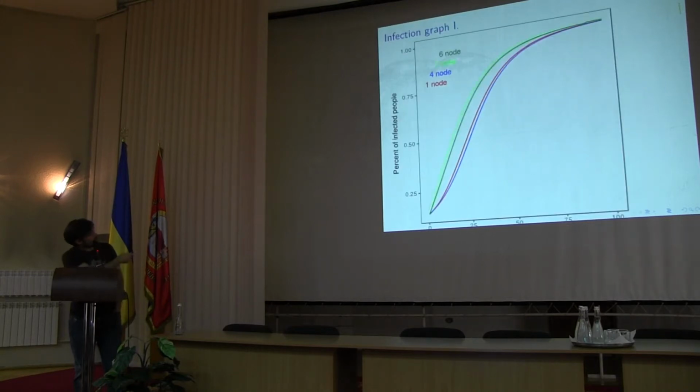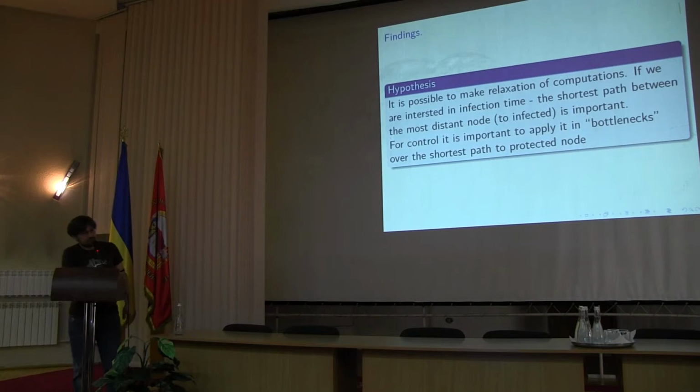And here we have 2 very close dynamics, which I think is interesting. So we don't need to calculate every possible infection beginning in the network if we have some technique to classify it. And I think it's a finding of this work, well, maybe a hypothesis, that it is possible to make a relaxation of computation.